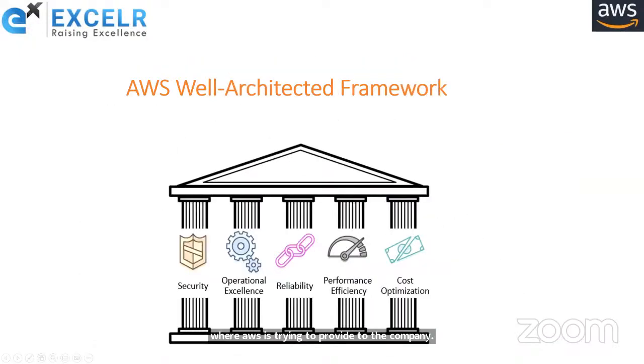So I'll try to show you how to log into the console right now, so that we can try to launch a server as well today. So you can see this is the website, console.amazon.com.